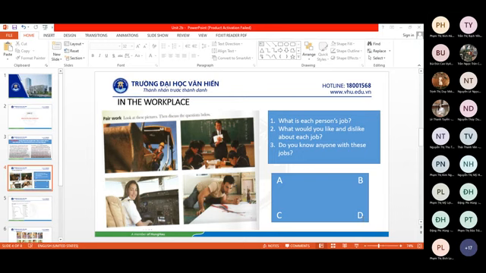Thủ Đức is in or to the east of Ho Chi Minh City. Now, in or to, right? Bà Rịa Vũng Tàu is to the east or in the east of Ho Chi Minh City. Which one do you think?